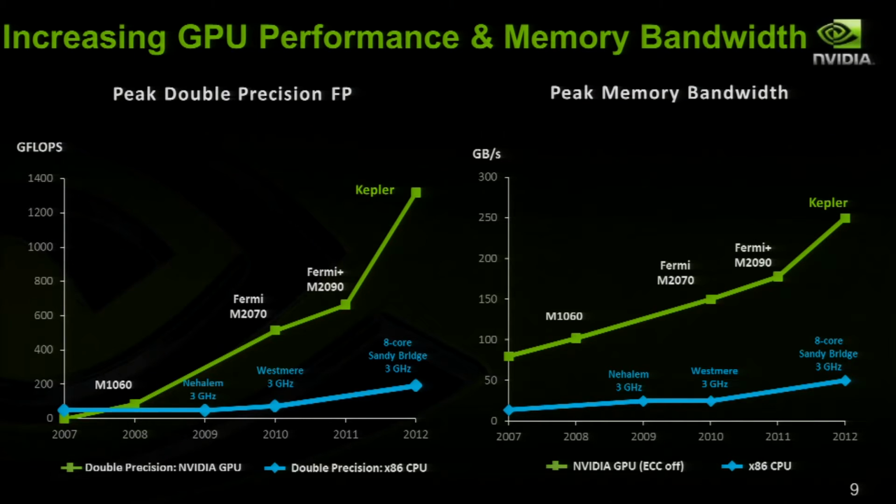When you look at GPUs, they're delivering more and more, very quickly, as we make improvements in our architectures. Similarly on memory bandwidth. So you have almost 6 to 8x improvement over a CPU in terms of computing power.